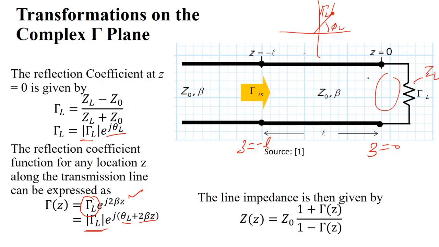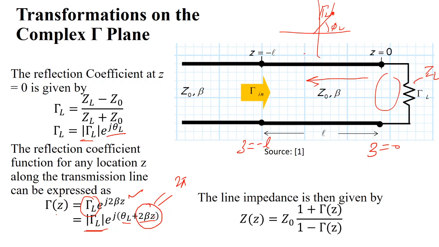So if you are moving in this direction, then your reflection coefficient will change, and this is found using this expression. So on the line, the reflection coefficient will change. Now when this is changed by 2 pi, your phase will be repeated.